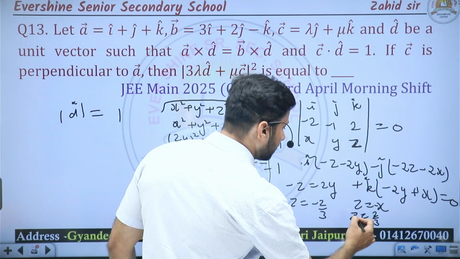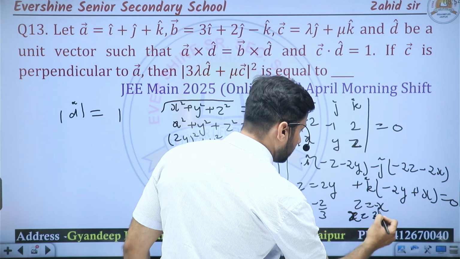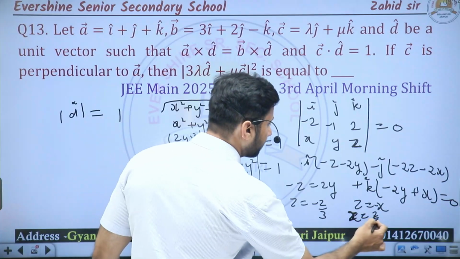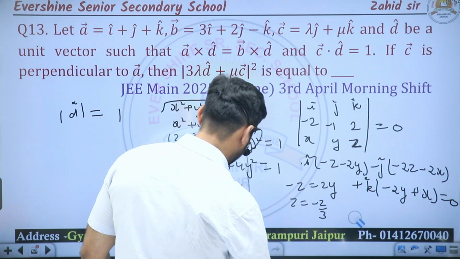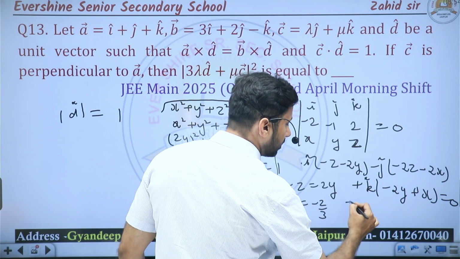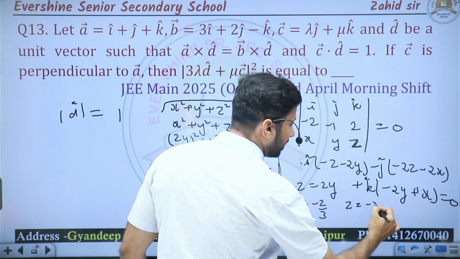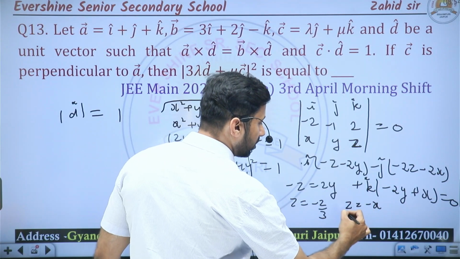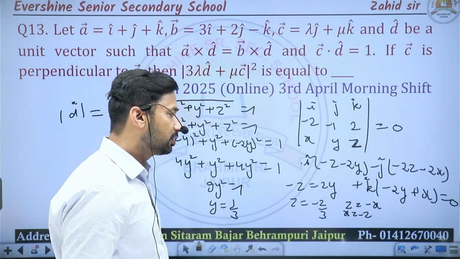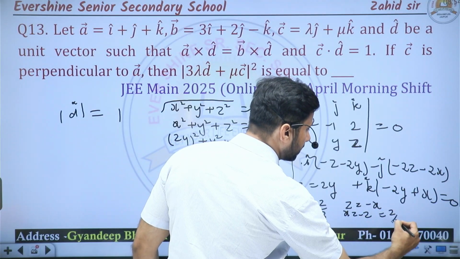Sorry, x will be minus of z, so minus of minus will be plus. From the third you can see z will be equal to minus of x. So x will be minus of z. Z is minus 2/3, so x will be plus 2/3.